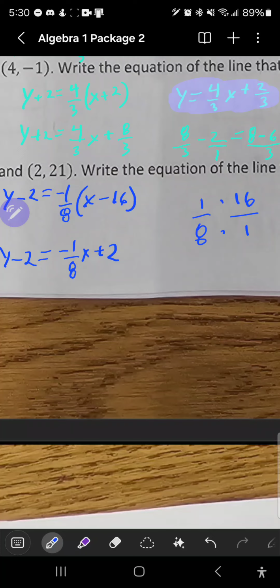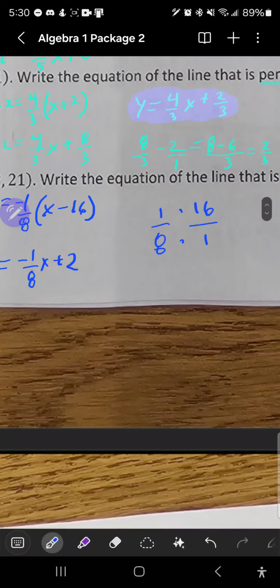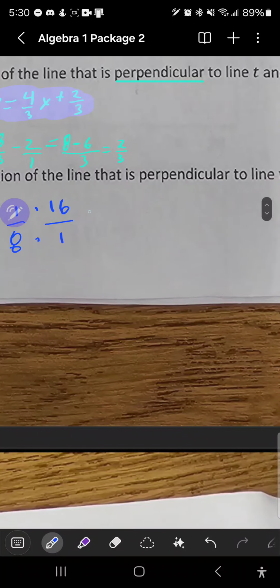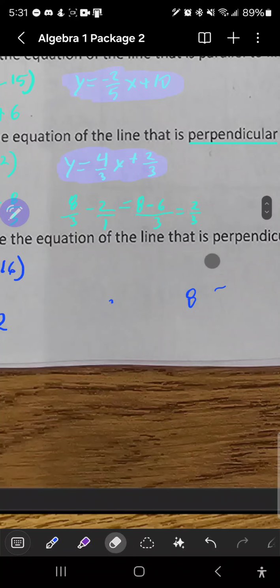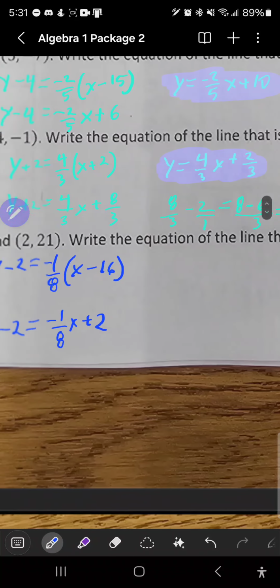Negative times negative is positive. Remember, same sign gives a positive answer in multiplication and division only. So 1 times 16 equals 16. 8 times 1 equals 8. 16 divided by 8 is 2. This is what I did before. I just wanted to show you why I did it that way.